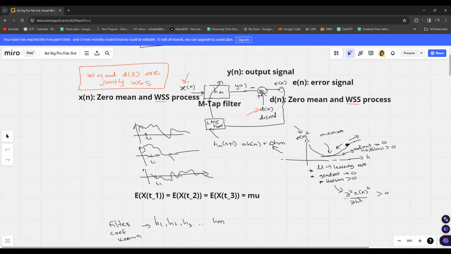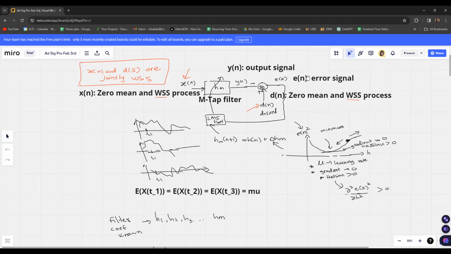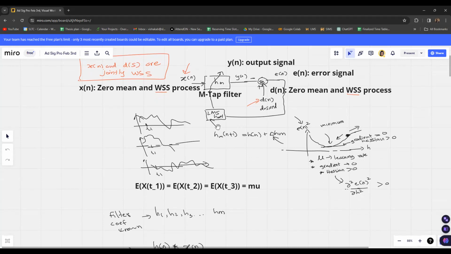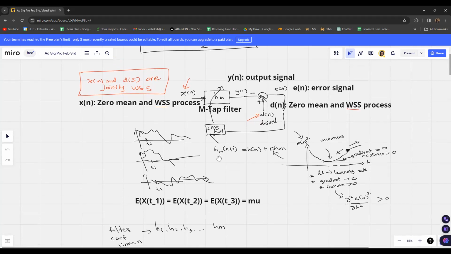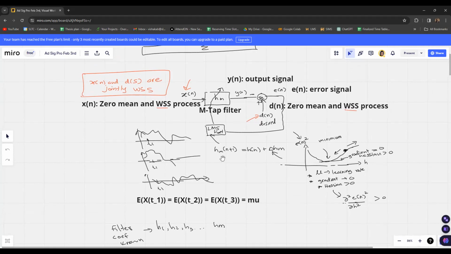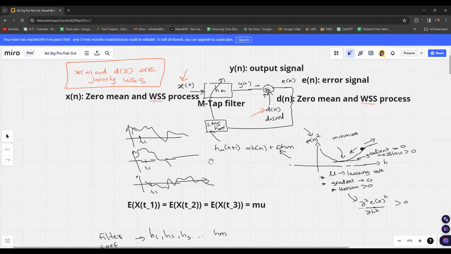If there is some difference, which means some kind of error between the desired signal and the output signal of the filter, that error signal can be used to determine the coefficients of the filter. So the error signal is used as an input into this algorithm, which is used to adaptively change the filter coefficients. The algorithm will be adaptively changing the filter coefficients using an iterative process.